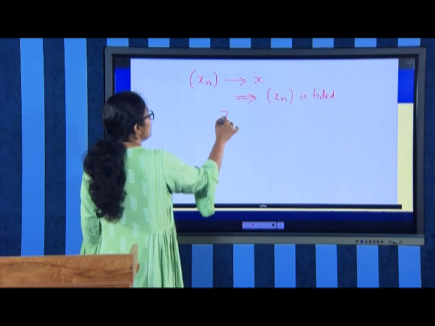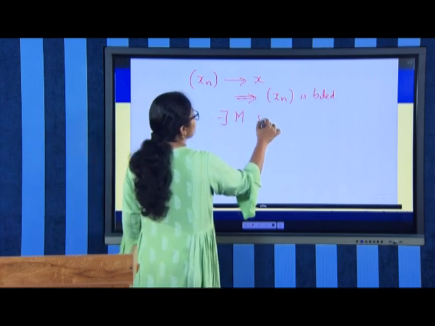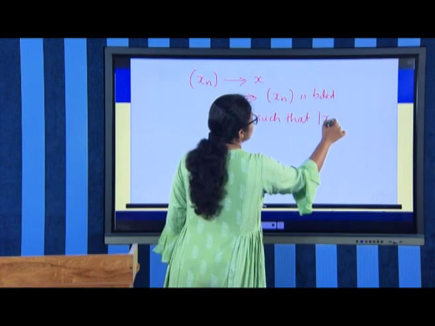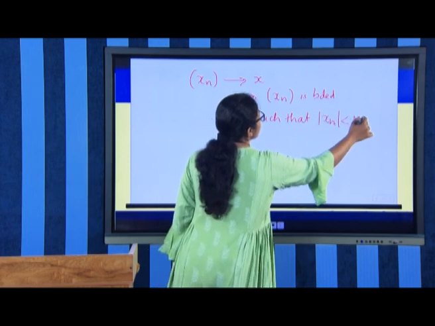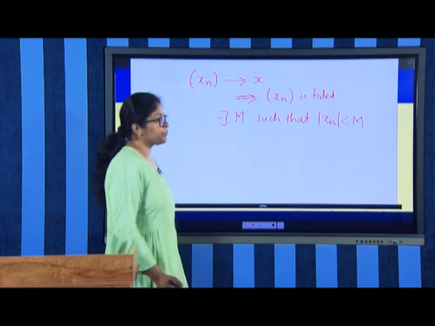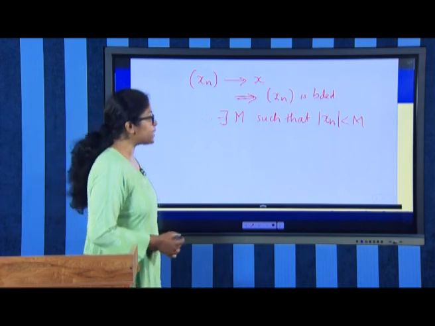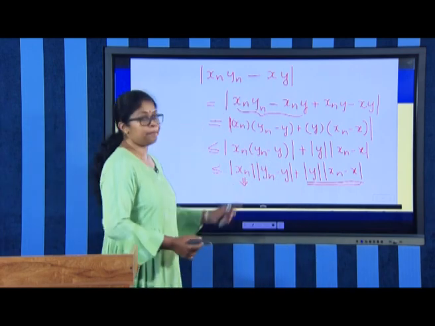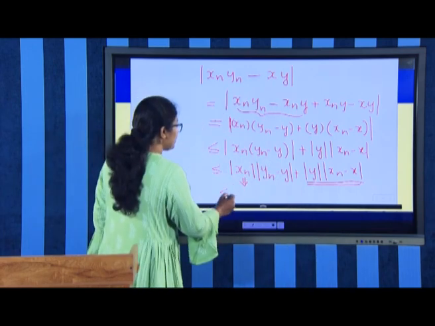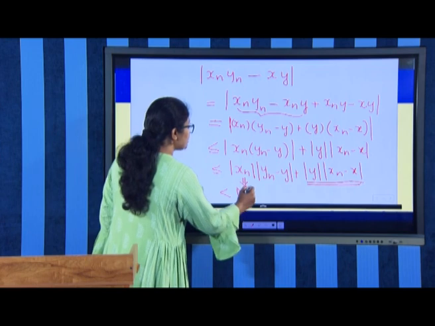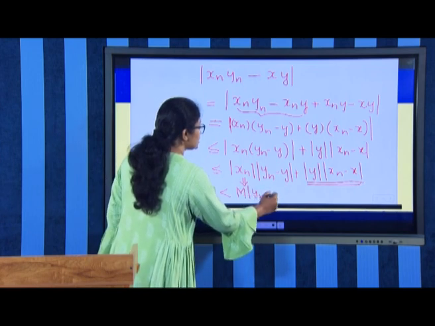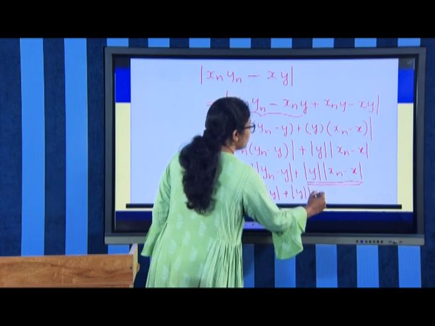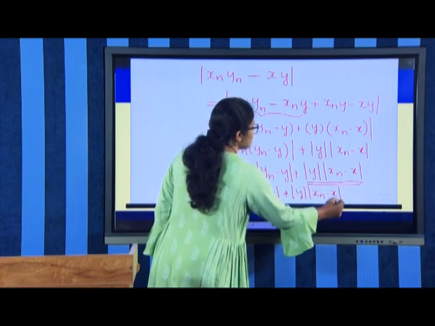Therefore, we could find an m such that modulus of xn can be made less than that number capital M. So, we can replace that xn by capital M, so that this will be made less than m times modulus of yn minus y plus modulus of y times modulus of xn minus x.